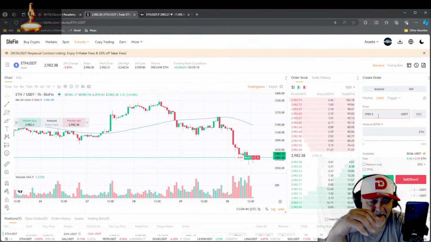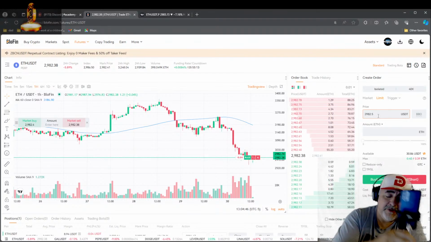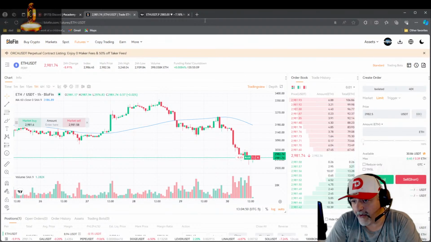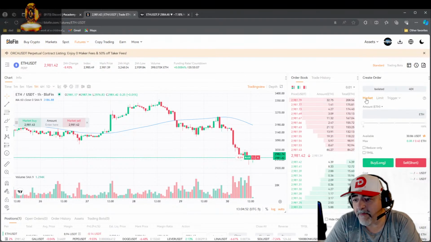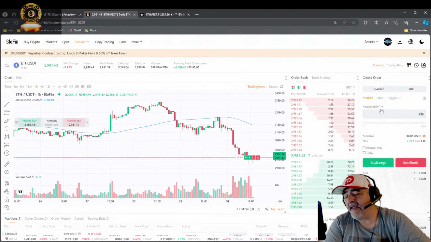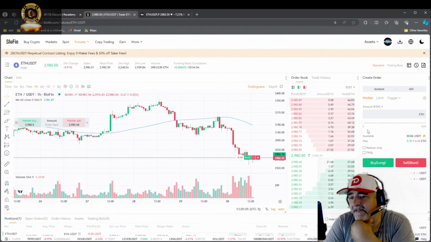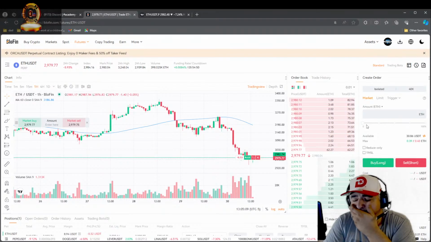That means you're able to put the price that you want here. On market, it doesn't ask you about price because it's going to take the market price. So whatever the market price is over here on the left of these moving boxes, it's just going to buy the amount that you want it to buy, and it's going to have random prices.